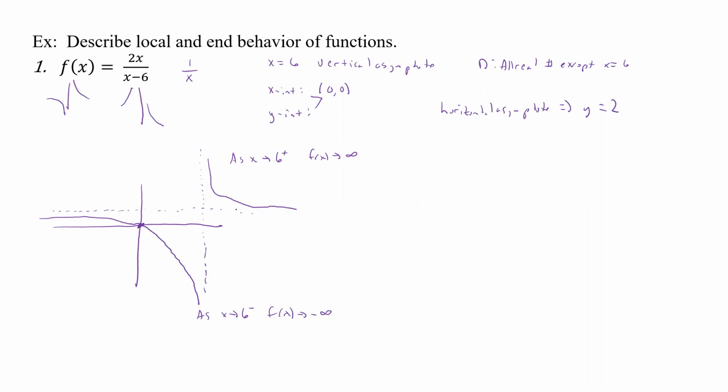And then at both end directions, as x approaches plus or minus infinity, f of x is going to approach y equals 2, so it's going to approach 2. It comes from this direction, and it's going to come down from this direction. So those are the local and end behaviors of how the items are going to be looking.